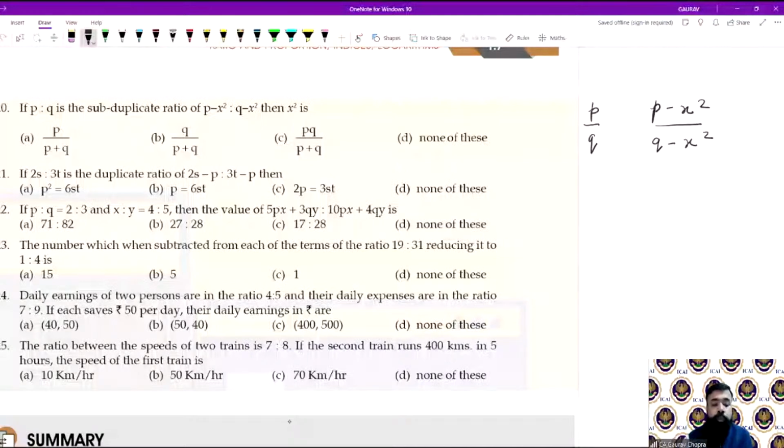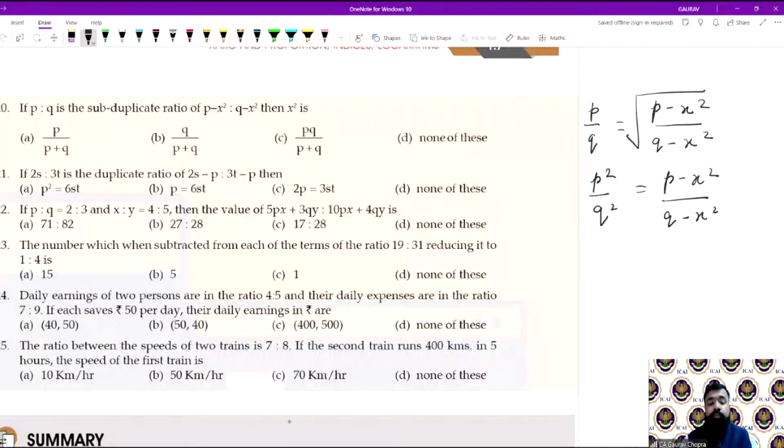Since it is subduplicate ratio, we apply the square root. So P by Q is equal to root of this. To remove the root, we square both sides. So P square upon Q square is equal to P minus x square upon Q minus x square.